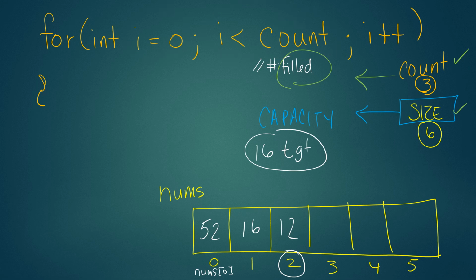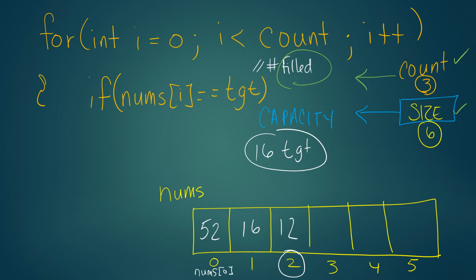So if we wanted to search, we would say for i equals 0, i less than count, i plus plus, if the name of my array is nums, nums of i equals target.